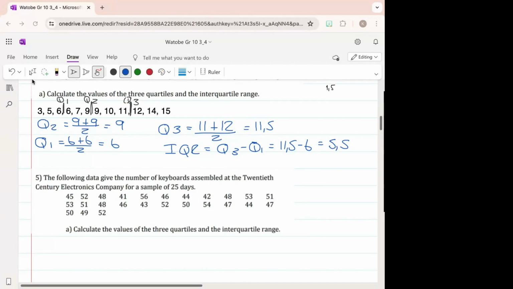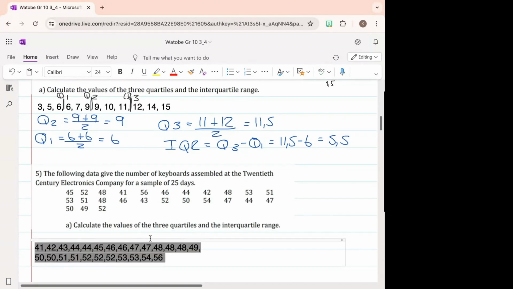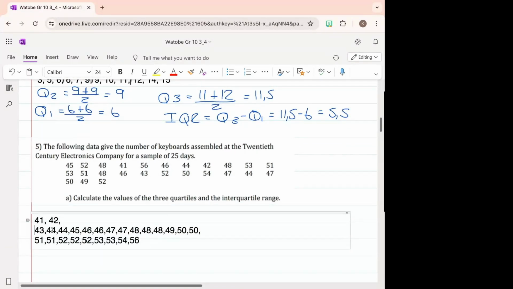Then I'm going to give you a few minutes to carry on working on it. Okay, so there are the numbers for you in ascending order, smallest to biggest.